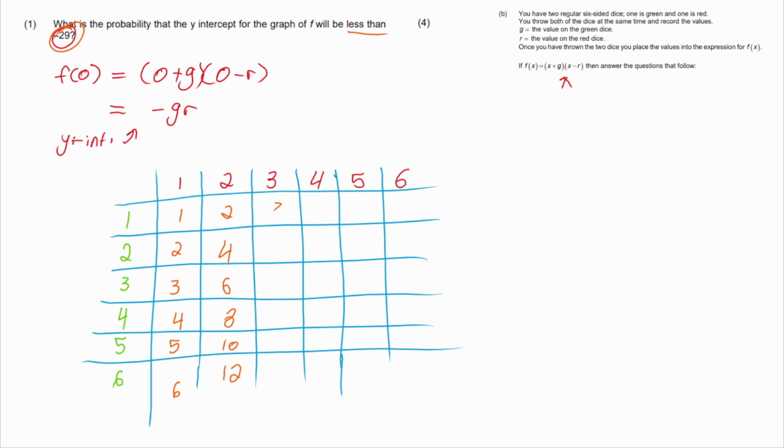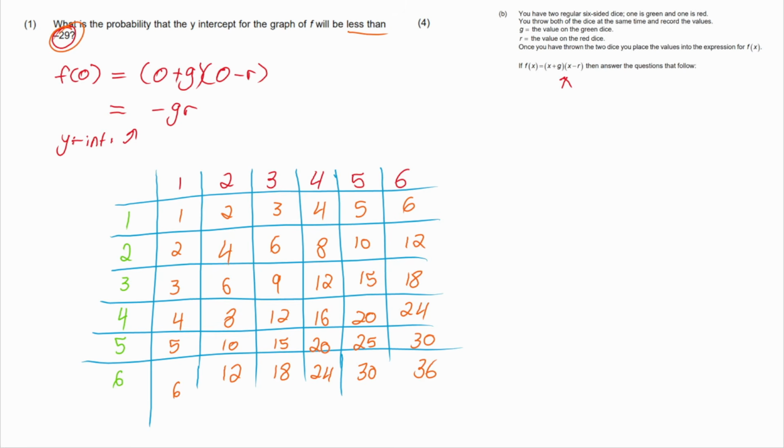Then 3, 6, 9, 12, 15, 18, then 4, 8, 12, 16, 20, 24. Then 5, 10, 15, 20, 25, 30. And then 6, 12, 18, 24, 30, 36.